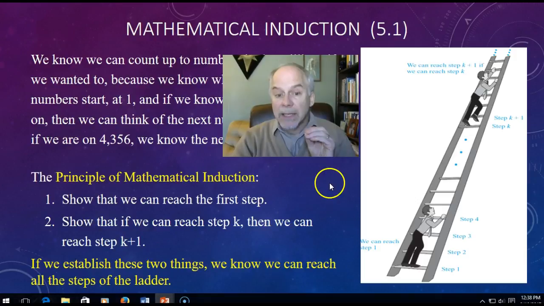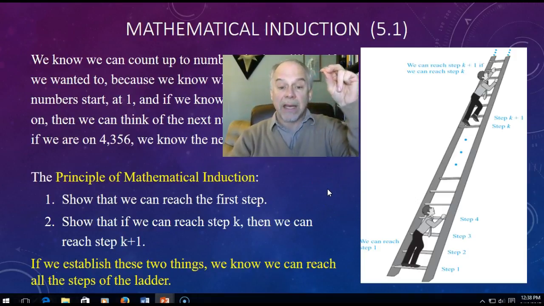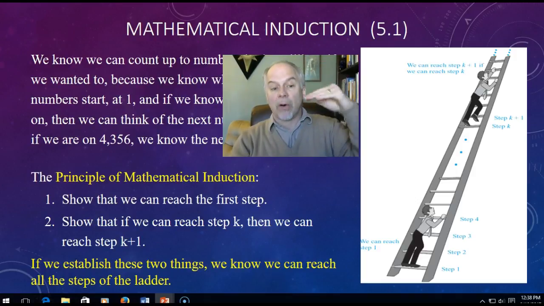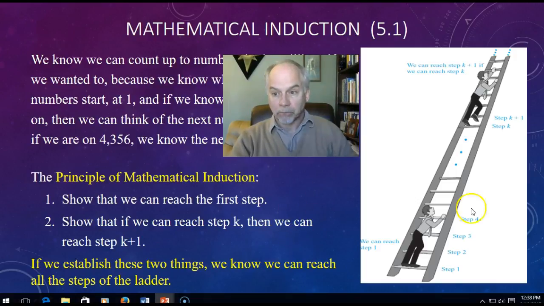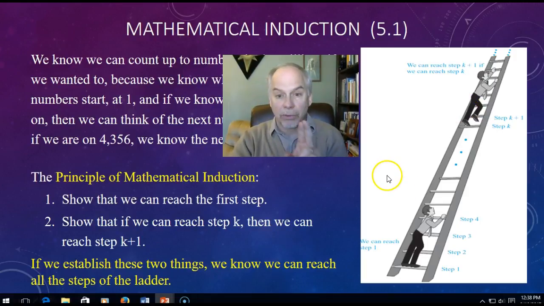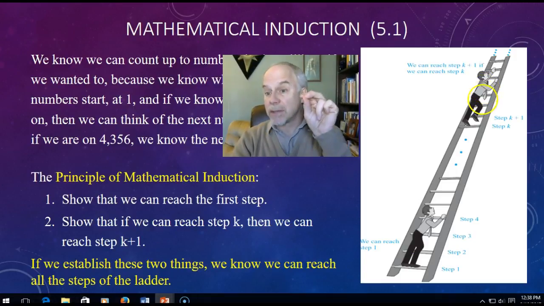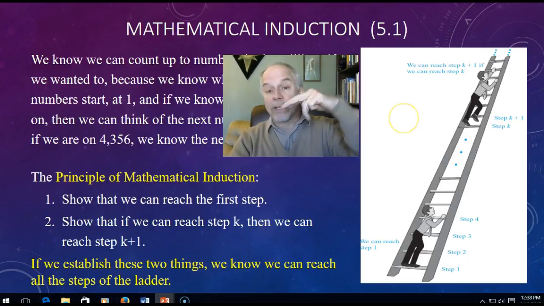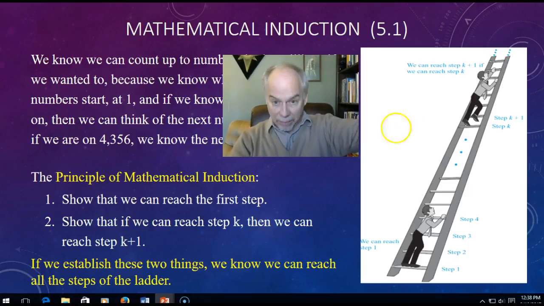And then he says, show that if we can reach the step number k, then we can also reach step number k plus 1. All right? So all we have to have is those two things, that we can reach the first step, and then if we can reach the kth step, then we can reach the k plus 1th step.